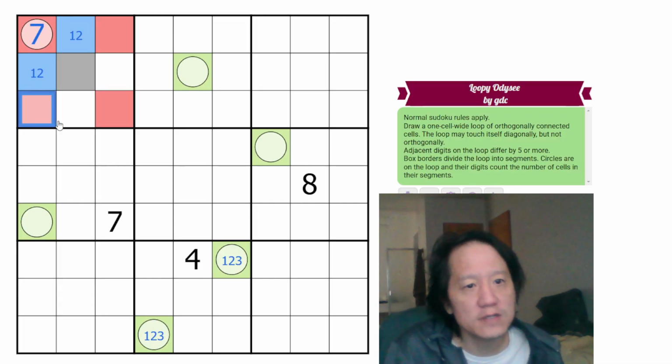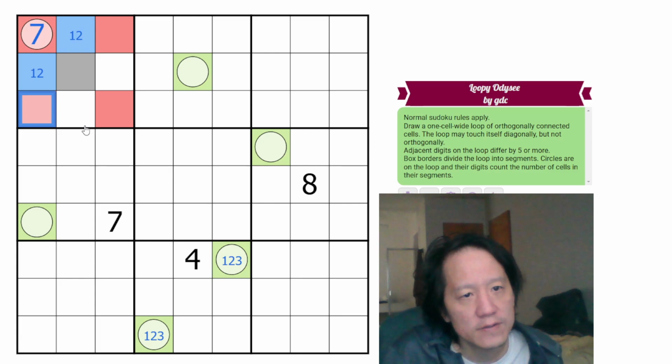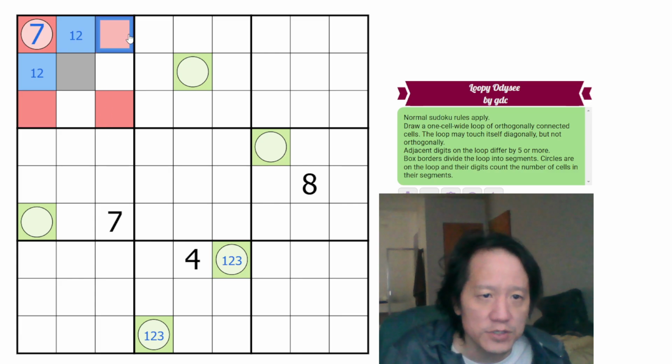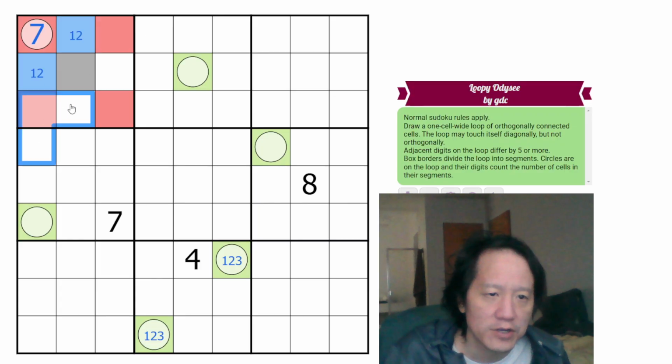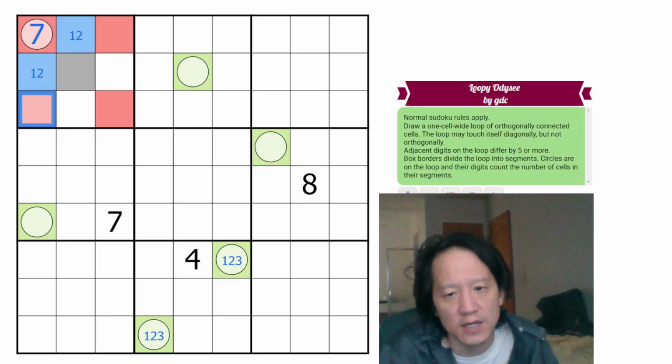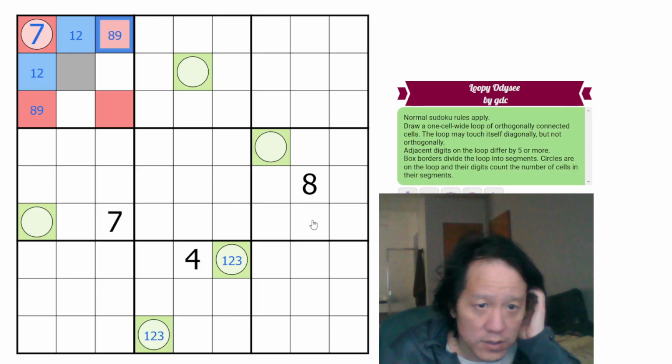So this one either goes down or continues. This one either goes down or continues. Therefore, this has to be 8 and 9. Wait, that doesn't work.